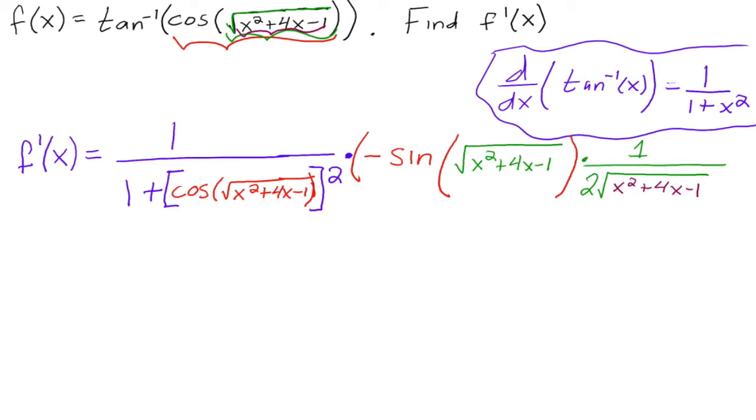And then times, I'm going to put it up here to save myself a little room, the derivative of that inside, which is 2x plus 4. And now I'm done with all of the chain rule action. I can close the parentheses right there. That's it.